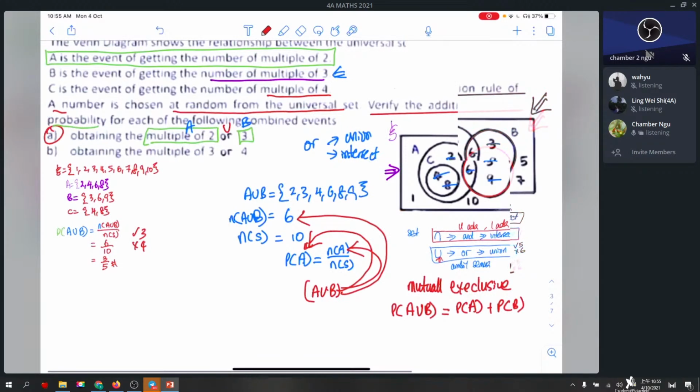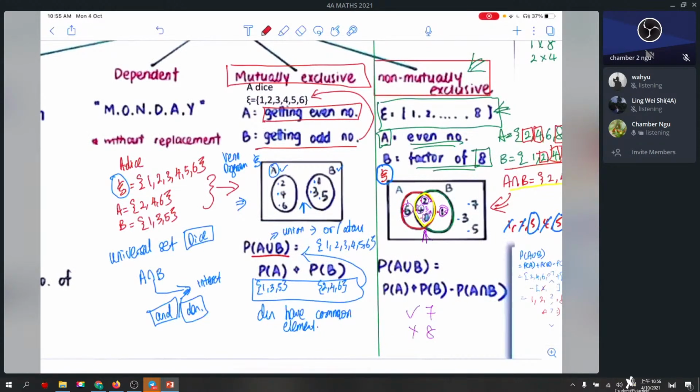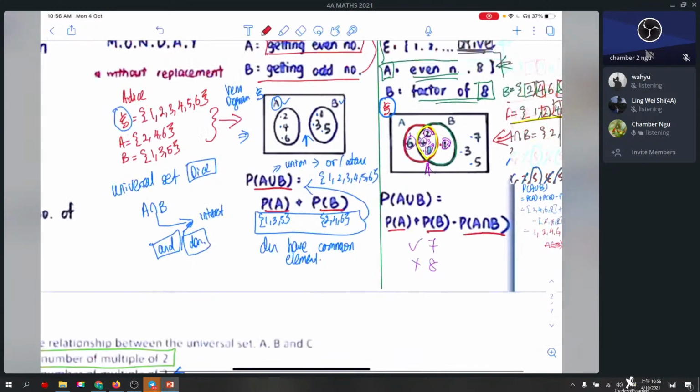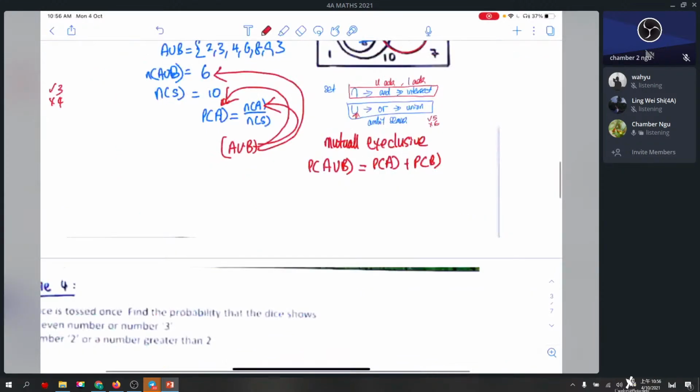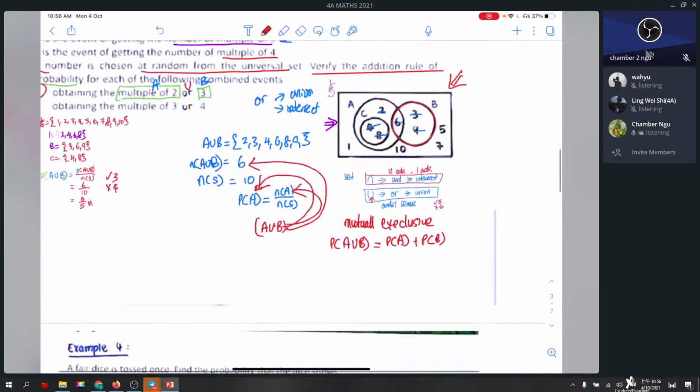See, mutually exclusive. Union A union B ialah A tambah B. If non-mutually exclusive, A tambah B tolak A intersect B. So kita nak cari case ini adalah mutually exclusive atau non mutually exclusive.